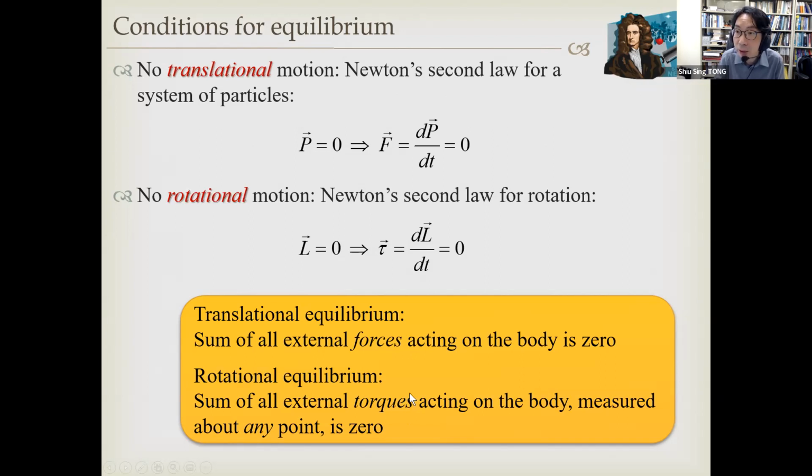And if you find that the sum of the torque is 0, that means the body is in rotational equilibrium. You do not need to check all points for taking a moment. You only need one point. If you take moment about that point and the sum of the torque is 0, then that body is in rotational equilibrium, because there's a theorem in mechanics, in statics, which guarantees that. But I will not go into the detail here.